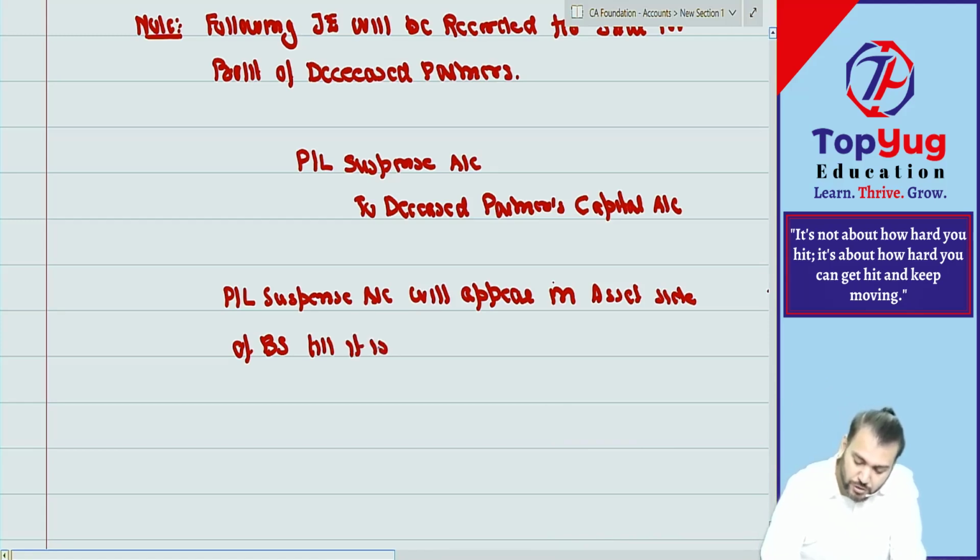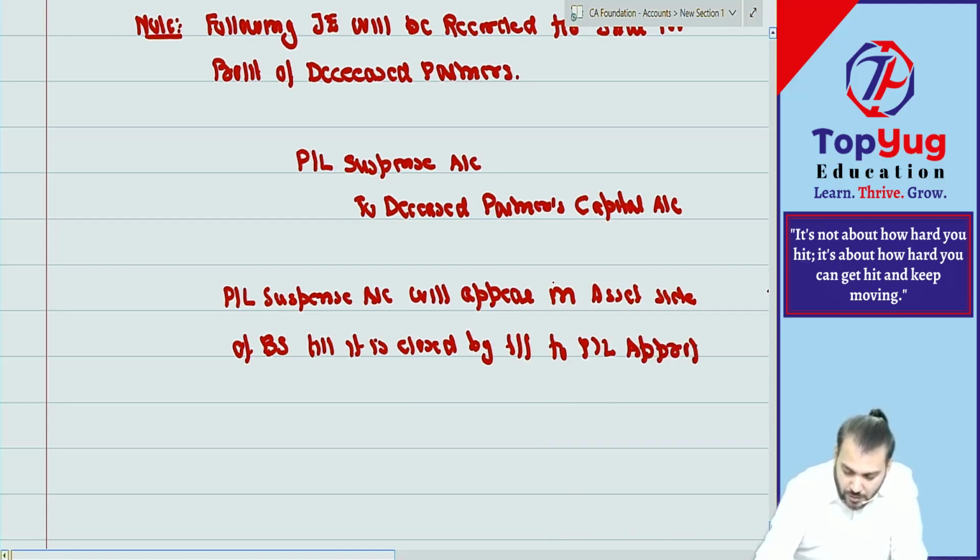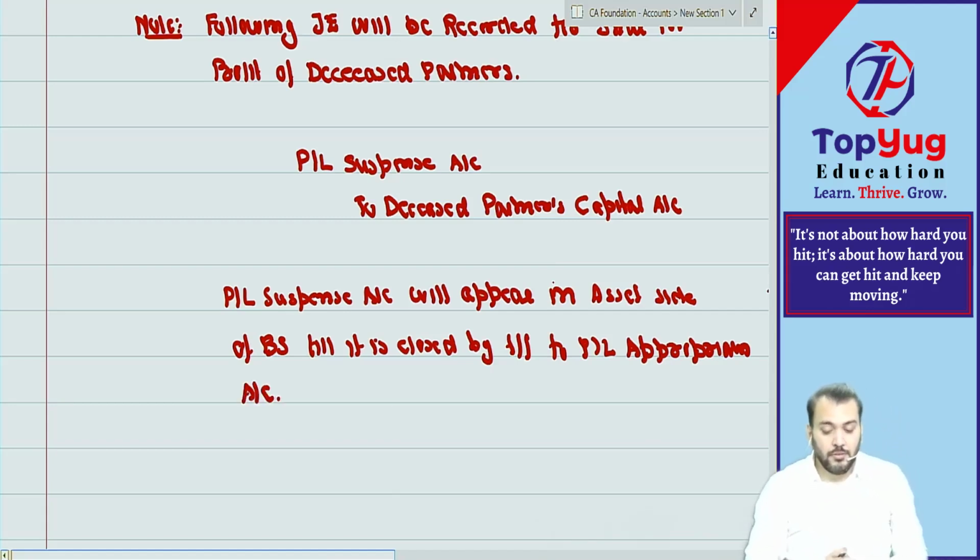Till it is closed by transfer to which account? Transfer to P&L appropriation account. Have you understood this para?